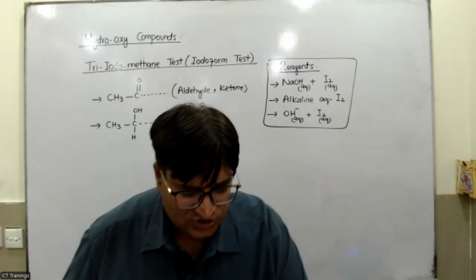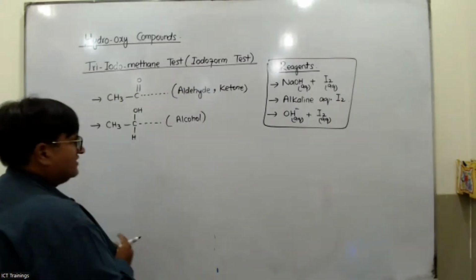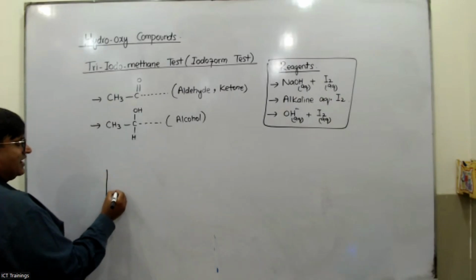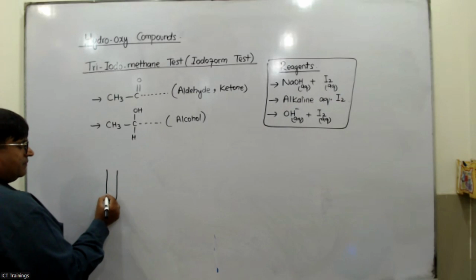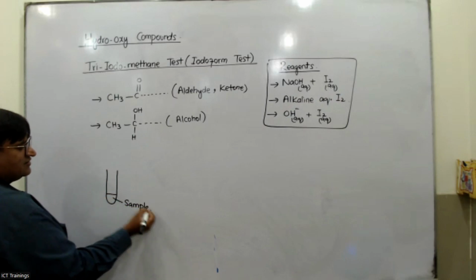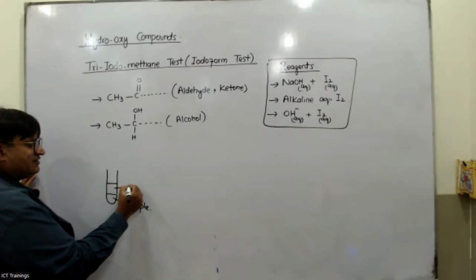Now, my dear students, what would happen in that test? You take a test tube and put in some amount of the sample you want to analyze. Put aqueous iodine in it.